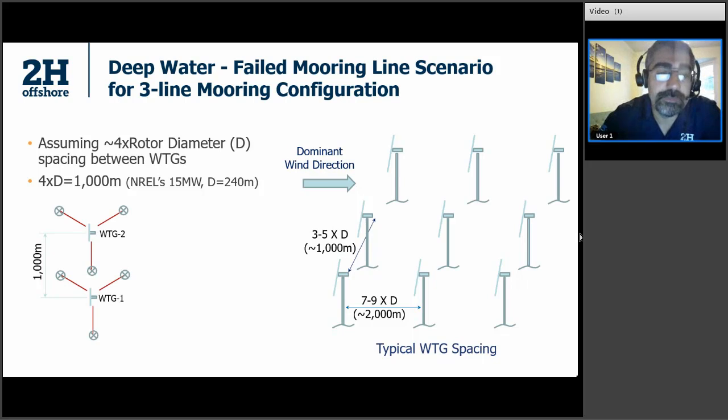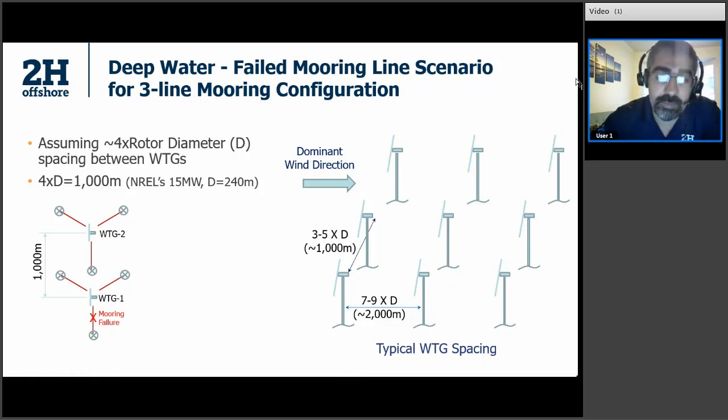floating foundations. For a three mooring line system, as shown on the picture left, when a mooring line fails and you lose all the restoring force from that mooring line, let's say on this picture from the south side, with a small event, small wind or wave and current event, it doesn't have to be 1 year or 50-year event.